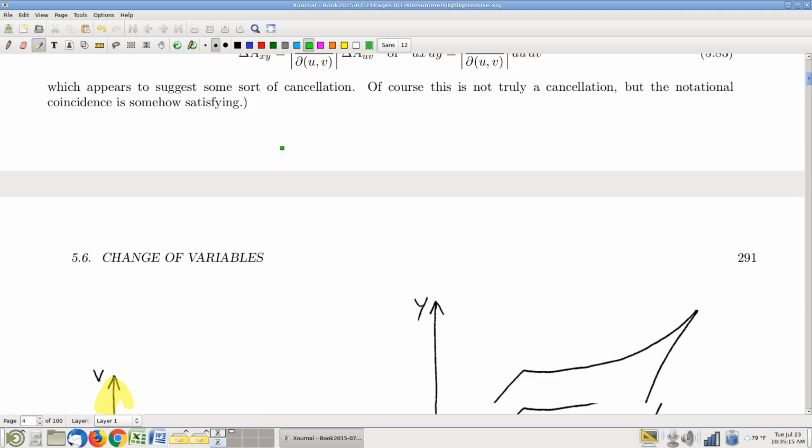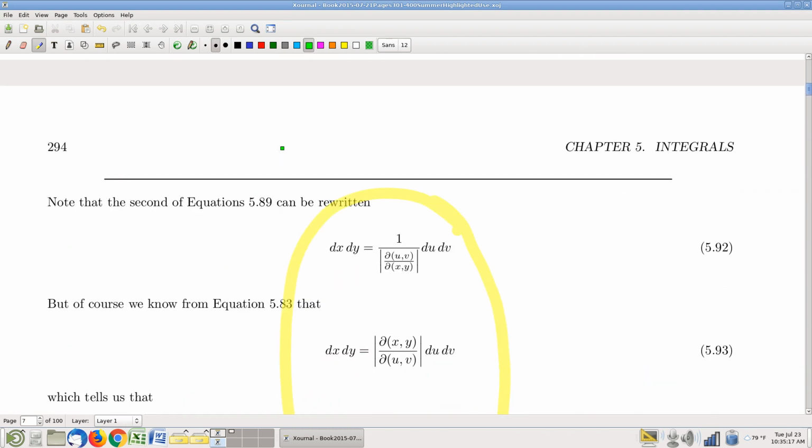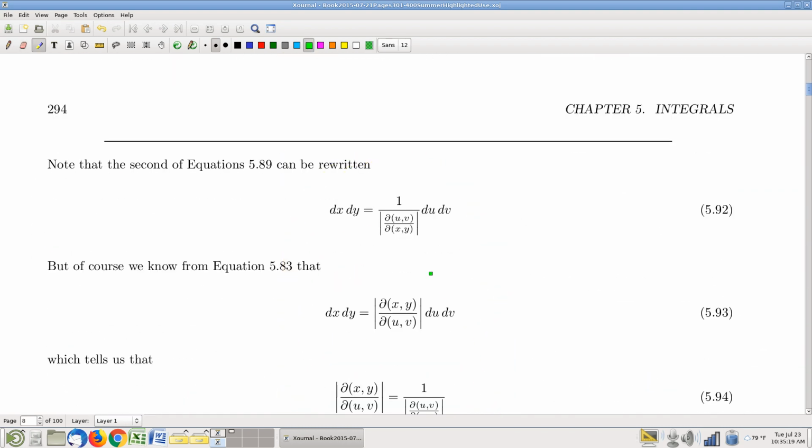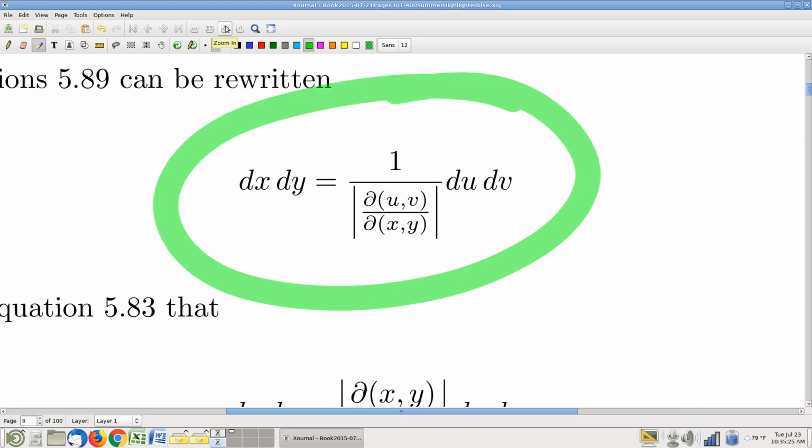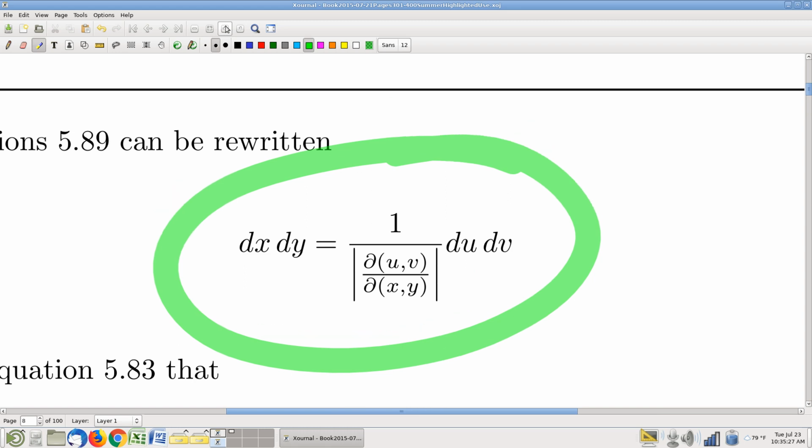Going back to where we just were, we saw that interpreting the pullback appropriately, dx dy, you have to divide by the stretching factor instead of multiplying because you're going the wrong way, though this is an equation that we used in that development a minute ago.